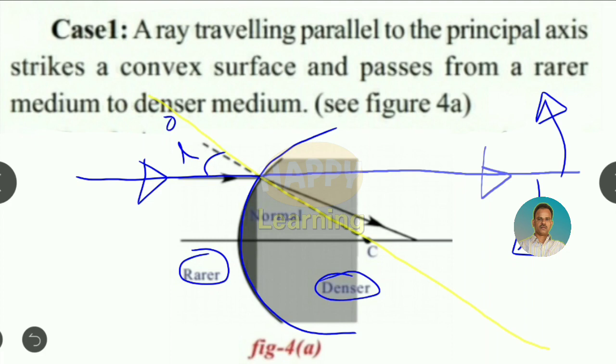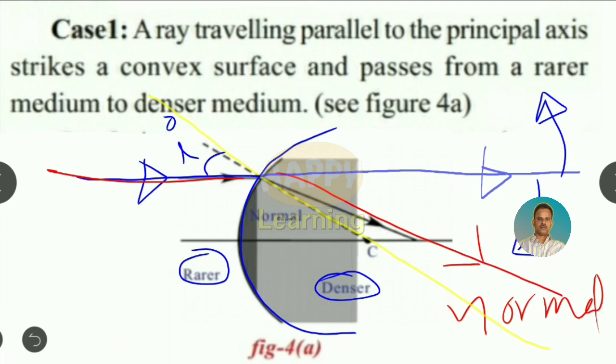So, this is the example where a ray is trying to enter from a rarer medium to a denser medium. So, this is the normal. This is the actual ray. Instead of moving straight, it bends towards the normal. This blue line is the original path. This red line is the refracted ray.